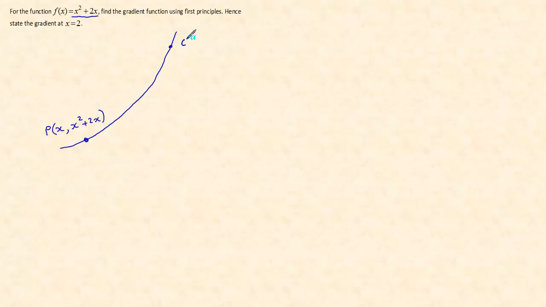If we take a point Q here with x-coordinate x plus h, so what we're saying is that the distance from here to here is h, then x plus h squared plus twice x plus h must be the y-coordinate.